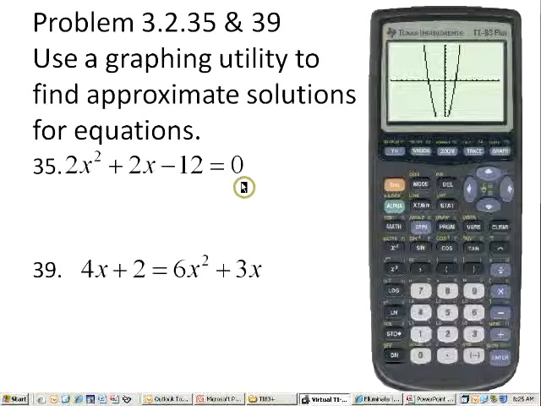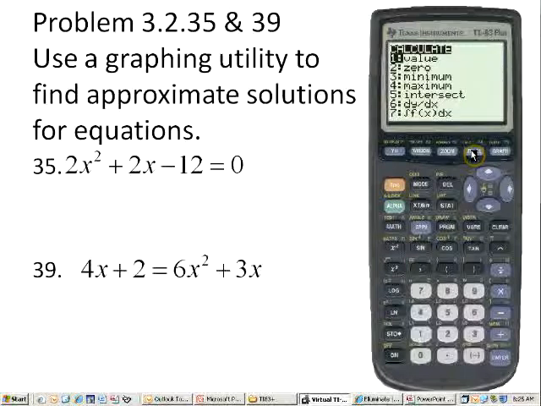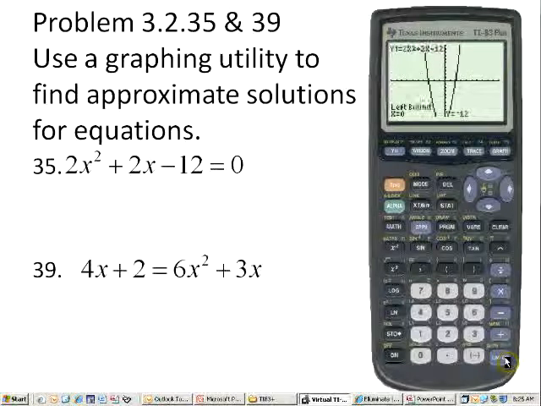And so we can go into the calc menu. The calc menu is the yellow one right above trace. So we'll hit second, calc, and scroll down to zero. We can hit enter, and then it asks for bounds, because if you're looking for a solution, you need to know where you're looking. So let's go to the left one over here.